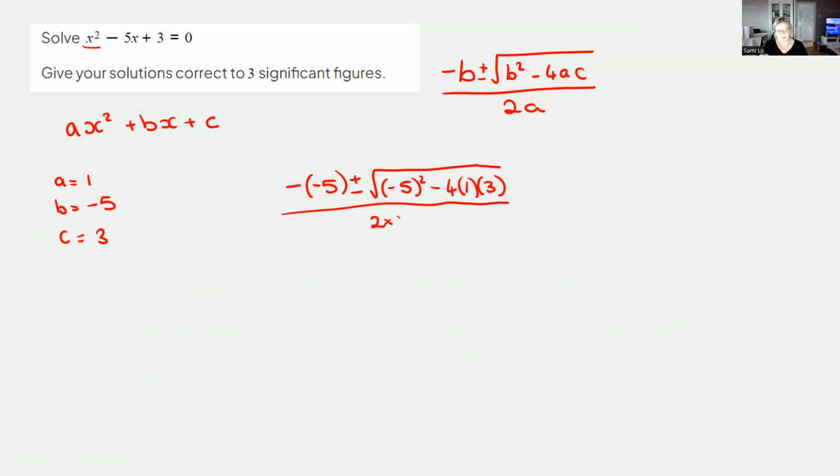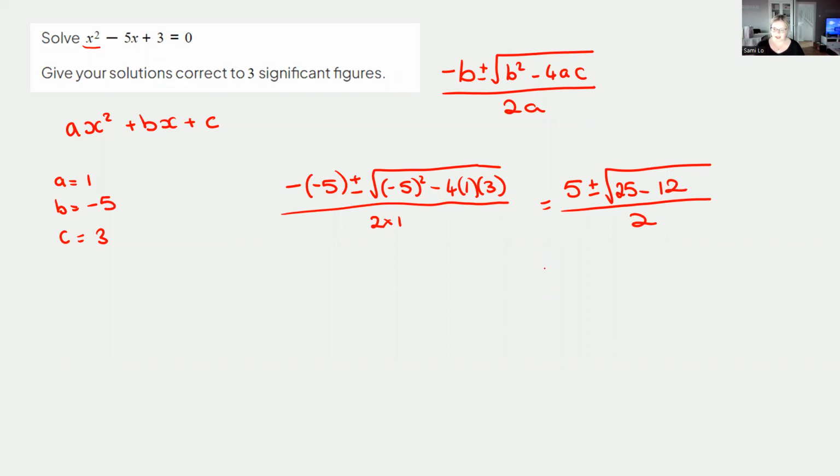And 2 times 1. I do this because I can simplify quite quickly before I even start working. So straight away now I know the minus and the minus on the outside, so they cancel out. So that's just going to give me 5 plus or minus. That's going to cancel out to 25. And that's going to give me minus 12 by there. And that's going to be 2 on the bottom.